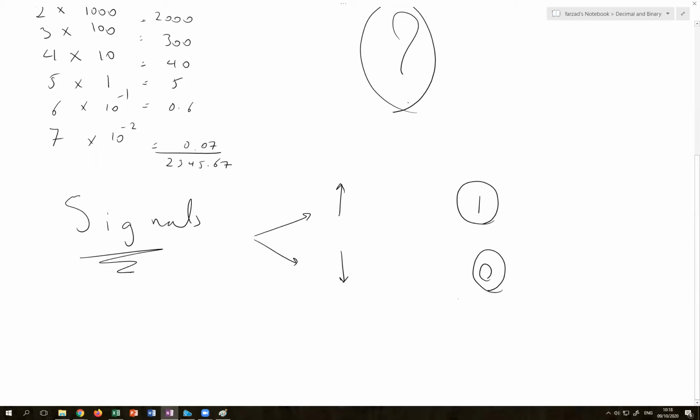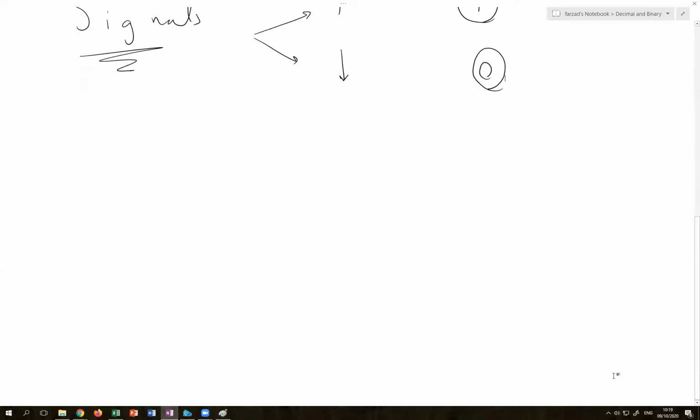Everything that we have in computers and in data communication is based on these voltages and signals, where we have only two values. So it means that we are looking for a numerical system which can be represented by only two numbers. In the decimal system, as I told you, we have 10 numbers, 0 till 9.